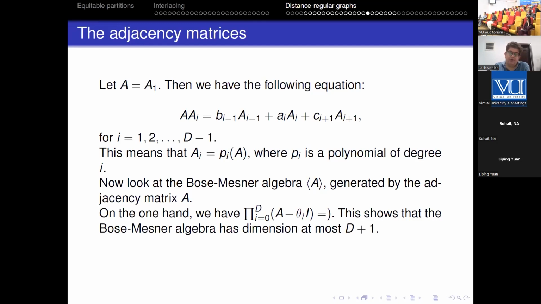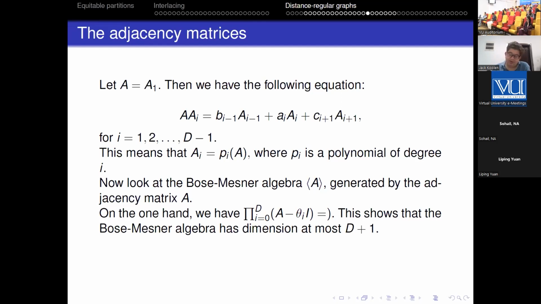So on one hand, this product is 0, yes, because if I apply it to any eigenvector, that gets 0. So this shows that there's a polynomial of degree D that is 0.